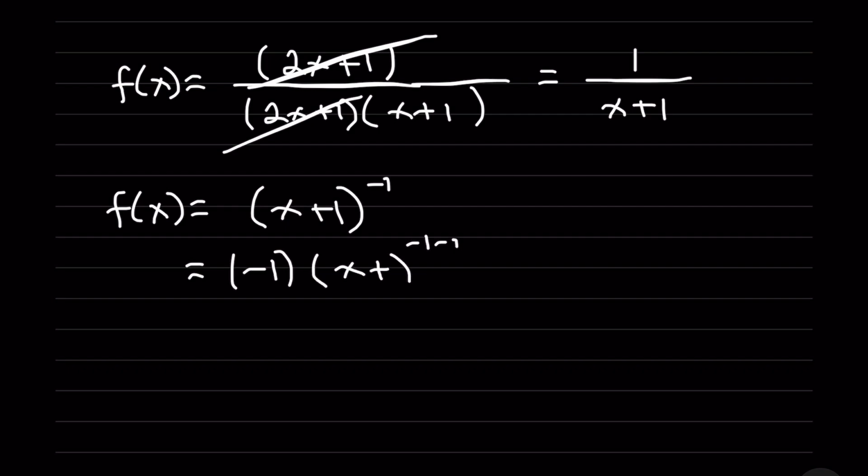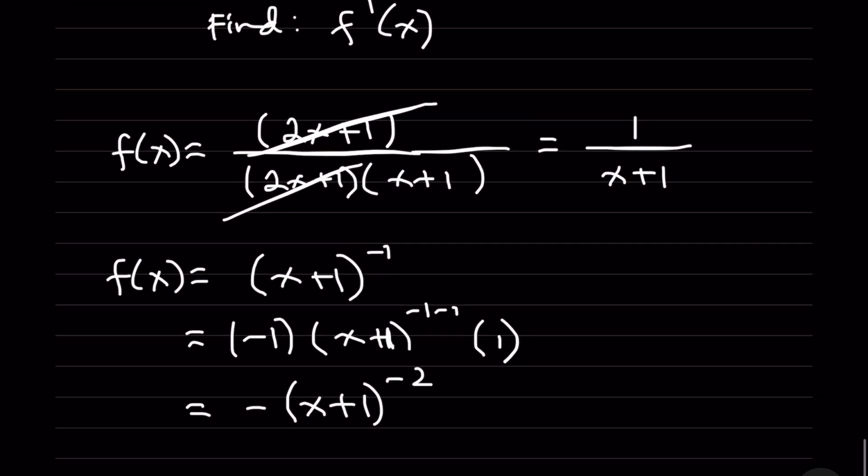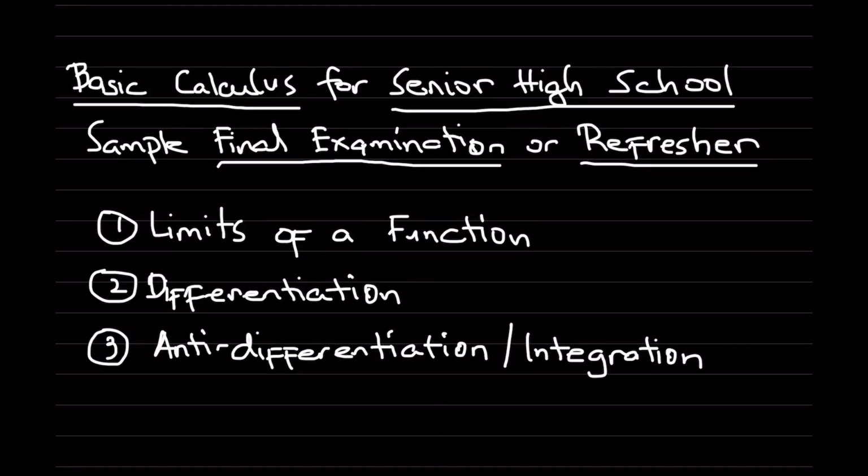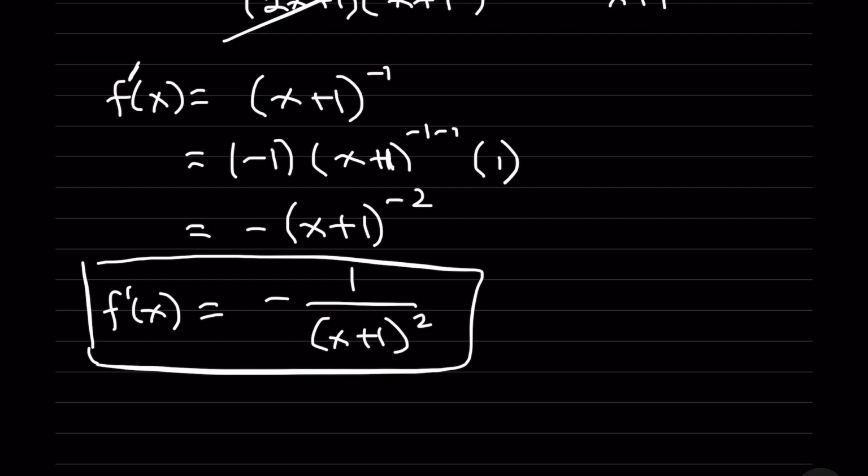Then we simply differentiate it. So the answer is negative 1 over x plus 1 squared.